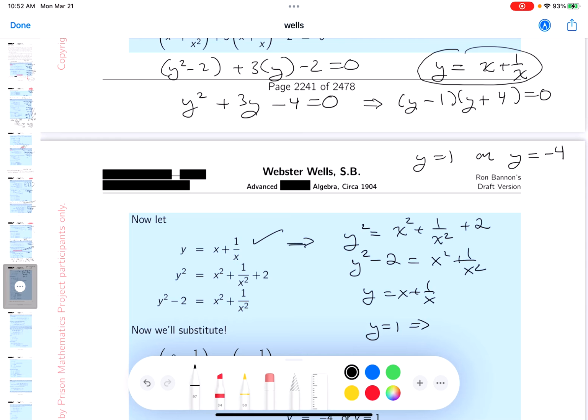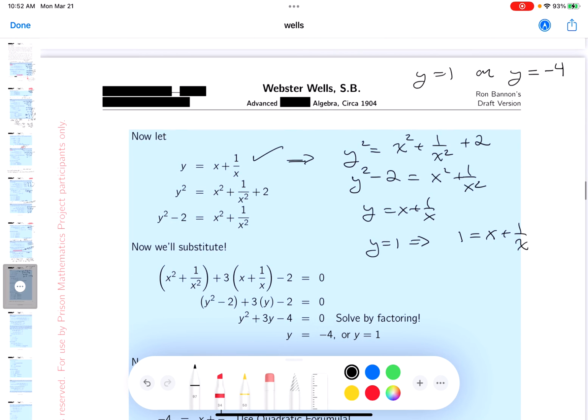What would that give me? 1 equals x plus 1 over x. Well, I'm getting a little bit warmer now. I'm going to multiply both sides by x. You would get x squared plus 1. This is 0. x squared minus x plus 1. I need the quadratic formula to solve that.